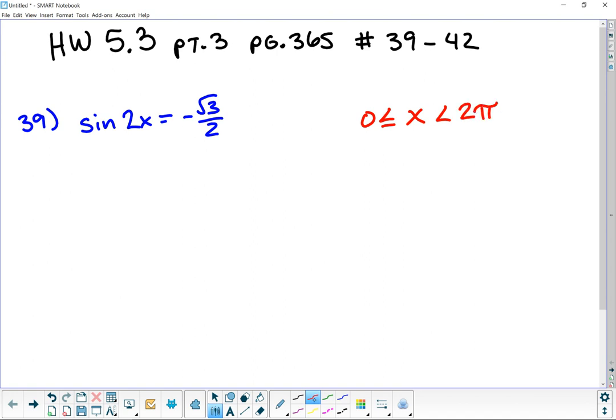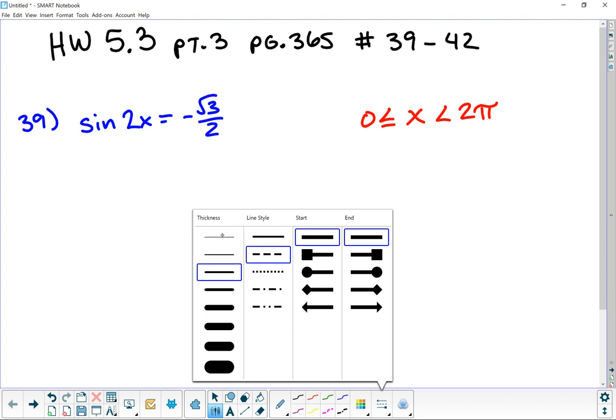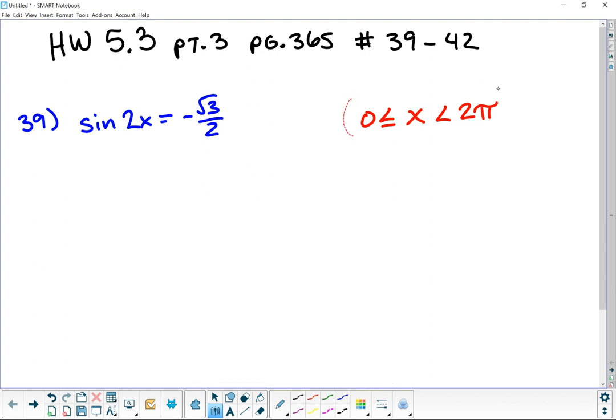Right, and this is a 2x, so we're going to utilize an offset of 2. So our new domain is going to be from 0 to 4 pi. Okay, so our answer is going to be 2x equals negative radical 3 over 2. We're talking about sine, so negative radical 3 over 2.